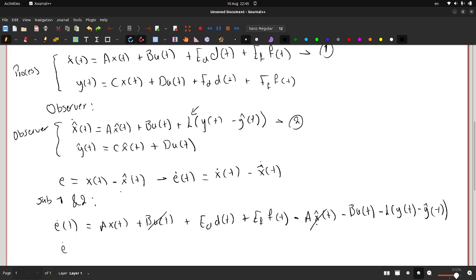First we want to substitute as well. Here's 3 and 4. Let us substitute 3 and 4 in 5.